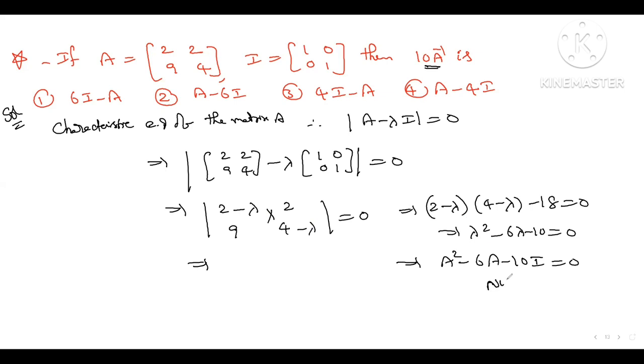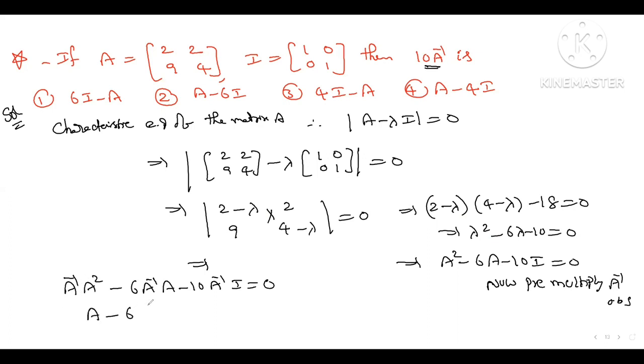Now what is required here? A inverse is required. Now pre-multiply A inverse on both sides. We get A inverse A square minus 6 into A inverse into A minus 10 times A inverse into I is equal to O. A inverse into A square, one A gets cancelled, leaving A. Minus 6 into A inverse into A is nothing but the unit matrix I. Minus 10 times A inverse into the unit matrix is A inverse.